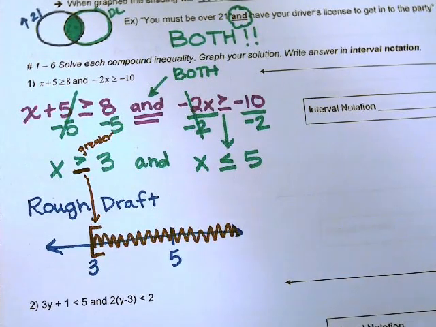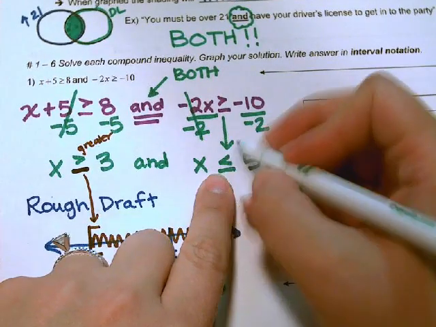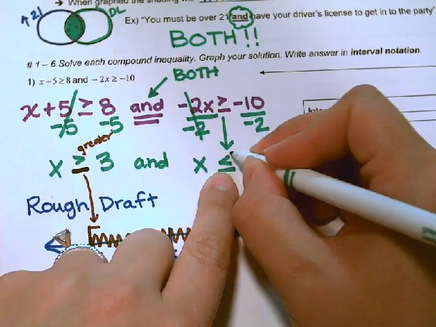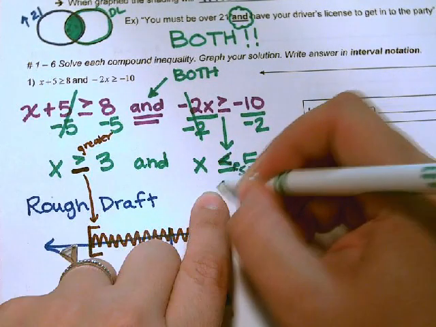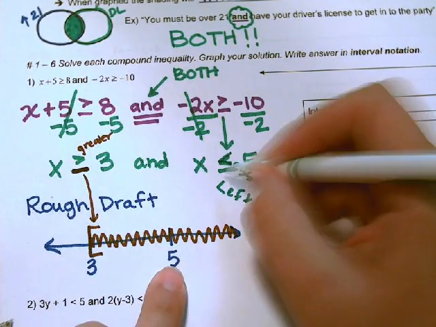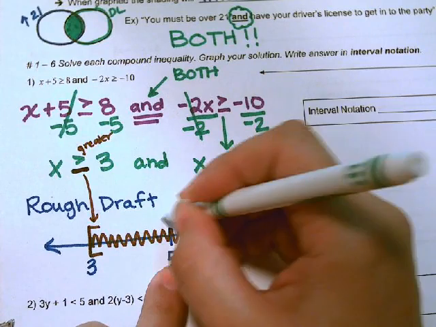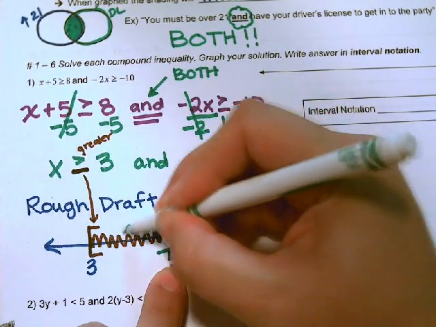Okay, now I'm going to pick up a new color. And now I'm going to graph this. This says shade all the numbers, and this is like an L for less. So I'm going to shade the left side of 5. So it has the line underneath, so I know I'm going to use a bracket. And I'm going to shade all the numbers that are on the left.